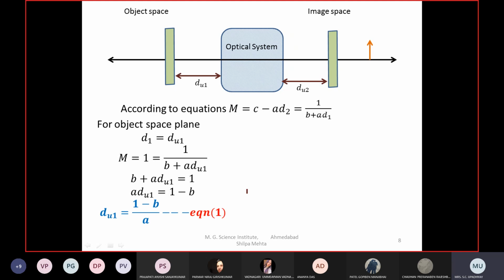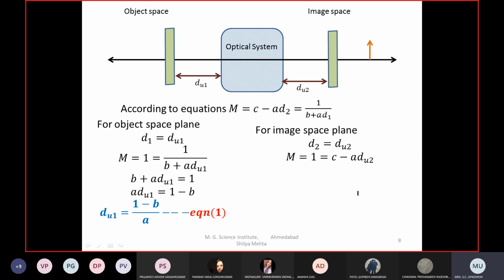Similarly, we use the same idea to find the position of the unit plane in the image space. For the image space plane, we have d2 equal to du2. We get the image on the second plane with height equal to the object, that is m equal to 1, which is equal to c minus ad2, but now d2 is replaced by du2.